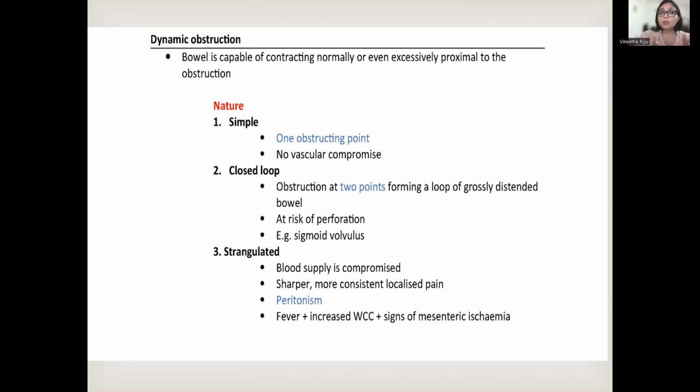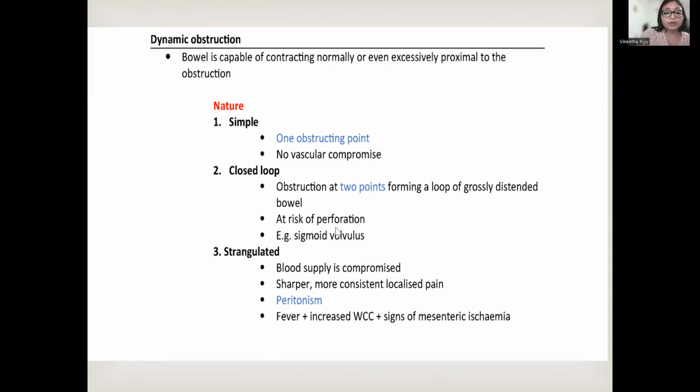Okay, now this is one situation where there is higher risk for perforation. Then you have strangulated type, where the blood supply is compromised. Now, these kind of obstructions, they are very painful. Yes, and they can have signs of mesenteric ischemia, where you have blood in stools, severe pain, vomiting. All right. Yes, Dr. Jennifer was also saying about distension.